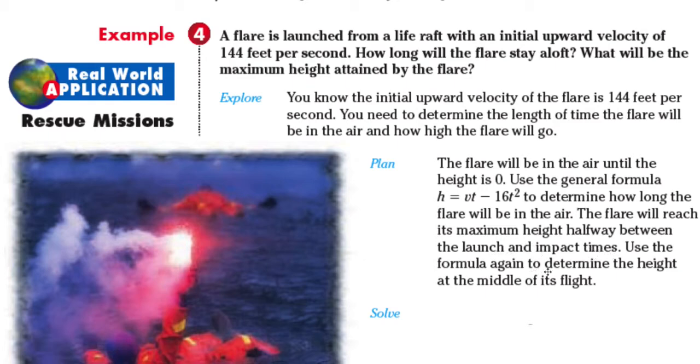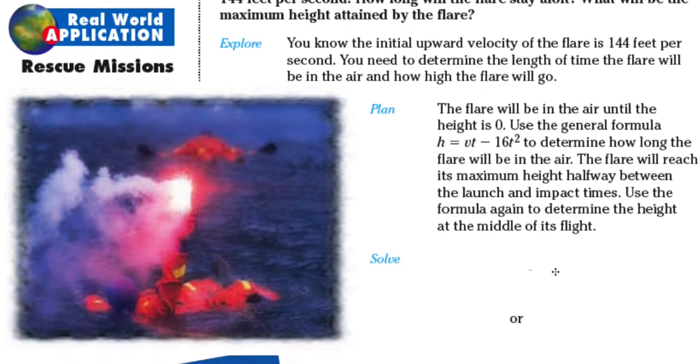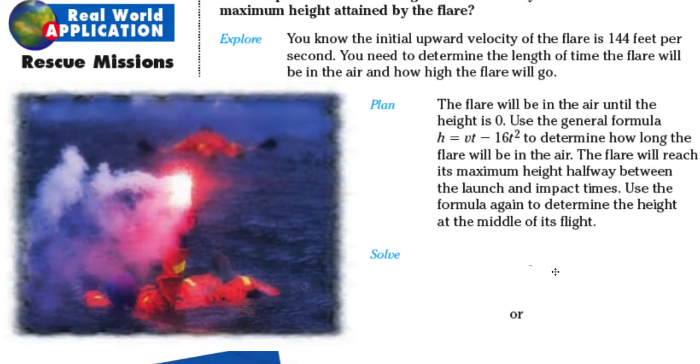So use the formula again to determine the height at the middle of its flight. How do we solve this? We have the formula h equals vt minus 16t squared, and since the flare will be in the air until the height is 0, which is the ground or the ocean, 0 equals 144t minus 16t squared, because the velocity is 144. Factoring out 16t, we end up with 0 equals 16t times the quantity 9 minus t.